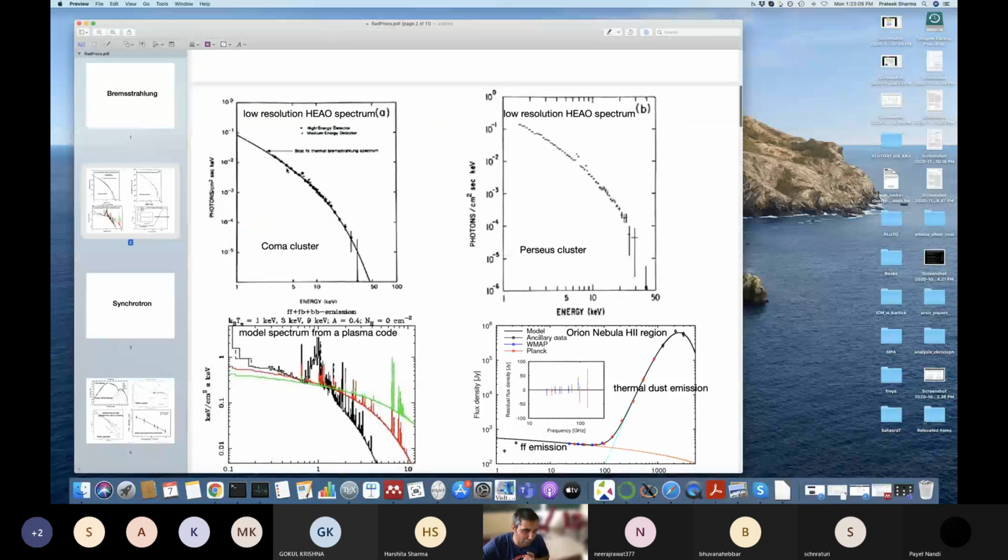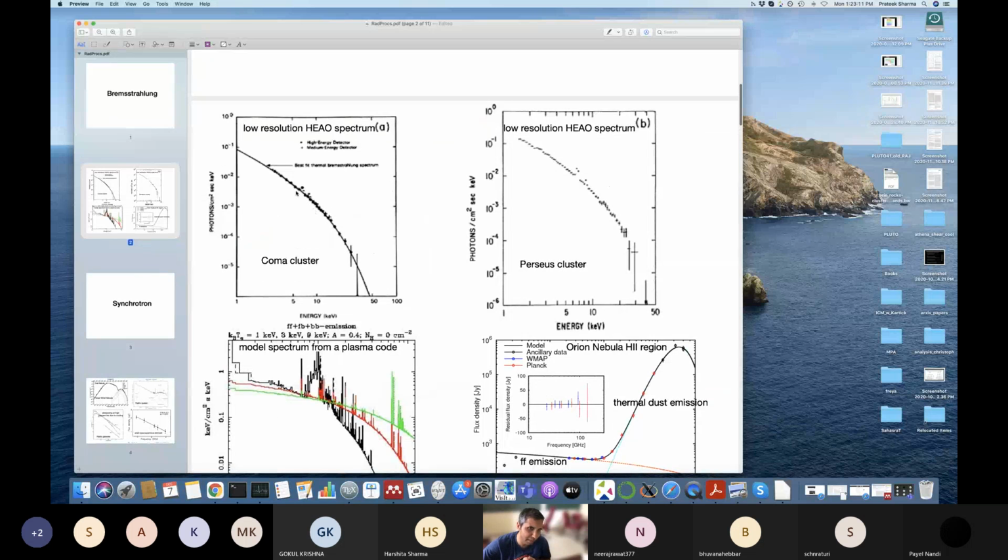So you see there is a power law here, and then as you go to higher energies, there's an exponential cutoff. Can you see that by eye? There is almost a power law fall, but as you go to higher energies, this is the exponential cutoff. This is just the e to the minus h nu by kT factor. So this gives you a sense of the temperature of this plasma.